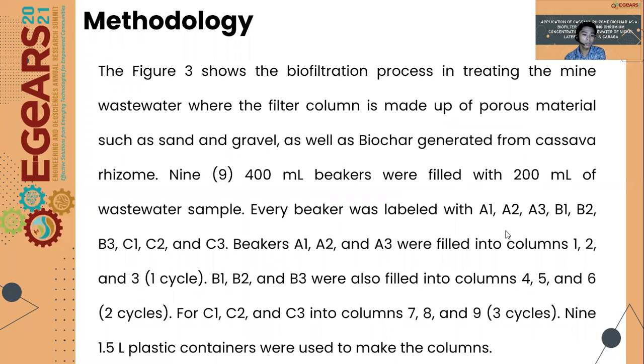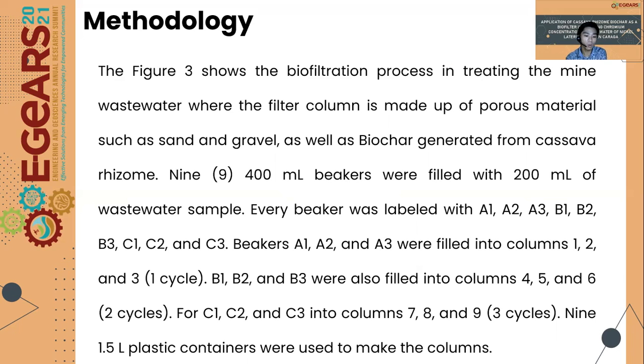Figure 3 shows the biofiltration process in treating the mine wastewater, where the filter column is made up of porous materials such as sand and gravel, as well as the biochar generated from cassava rhizome. Nine 400 ml beakers were filled with 200 ml of wastewater sample, and every beaker was labeled A1, A2, A3, B1, B2, B3, C1, C2, and C3.